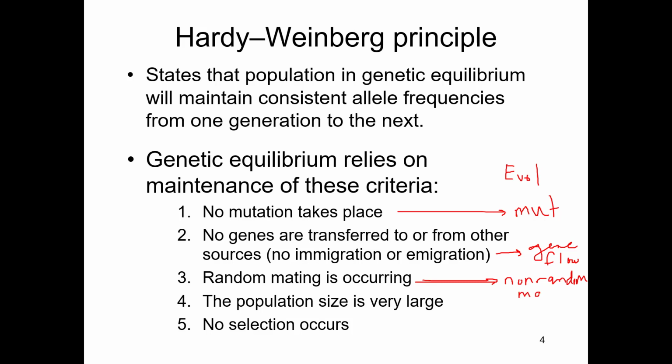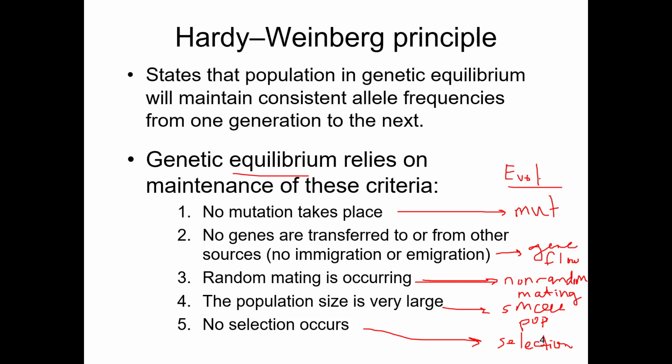So that's non-random. Instead of the population size being very large, evolution can be caused by the population becoming or being very small. And selection. So you take the opposite of each of these criteria of equilibrium, and any one of these can cause evolution by itself.